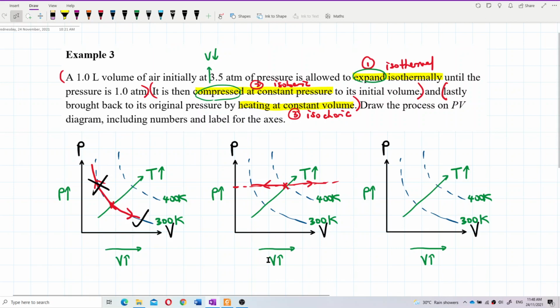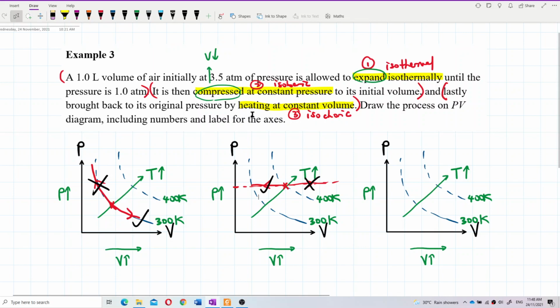Going to the right is volume increase, going to the left is volume decrease. So should the isobaric graph go to the right or to the left? Compress, so it's not going to the right. It's supposed to go to the left. So this is the correct one.